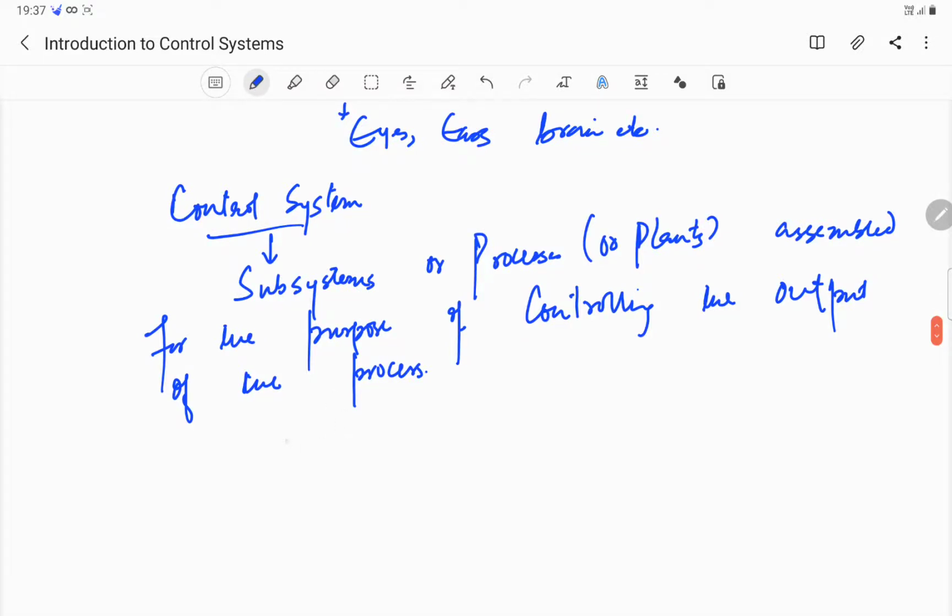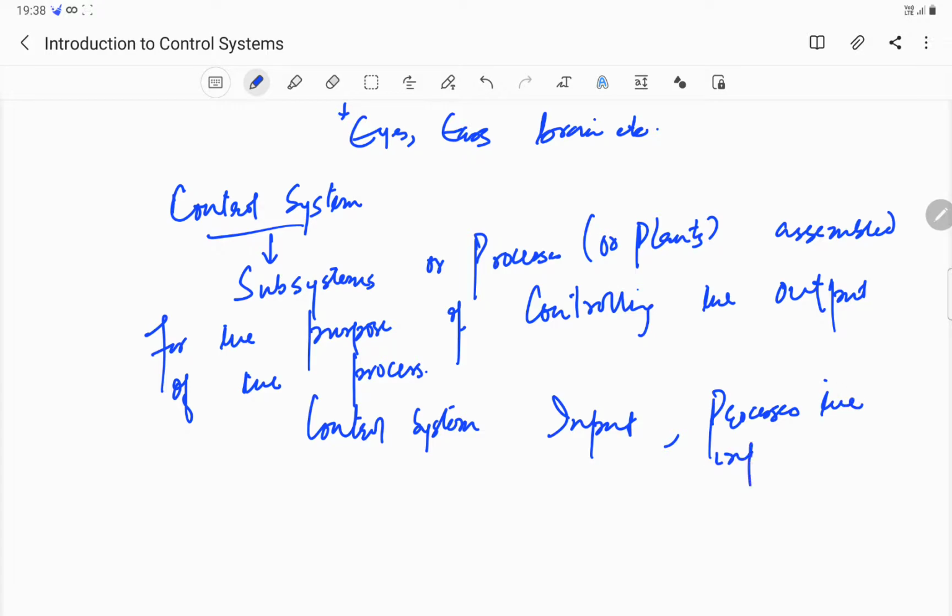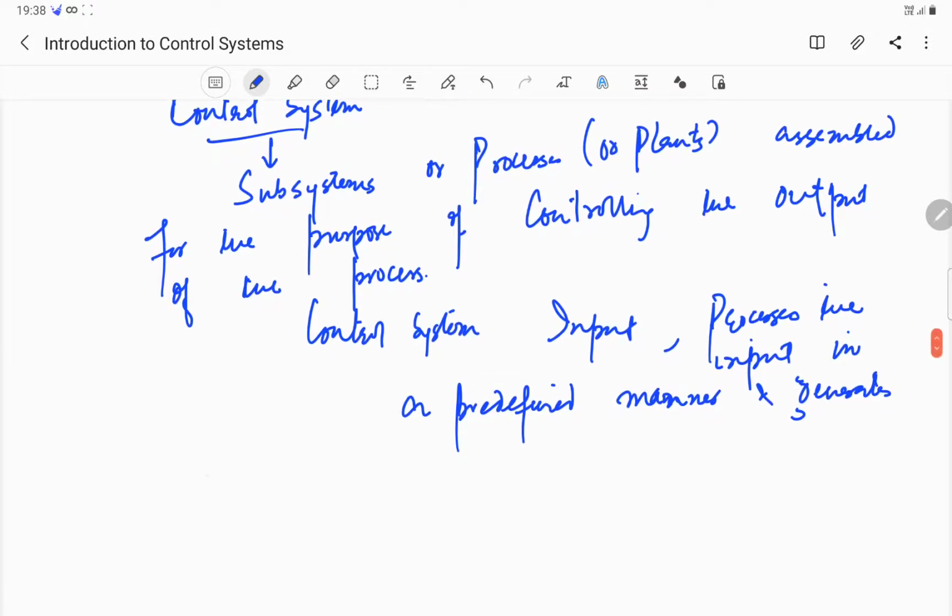So any control system will take an input, process the input in a predefined manner, and generate a desired output.